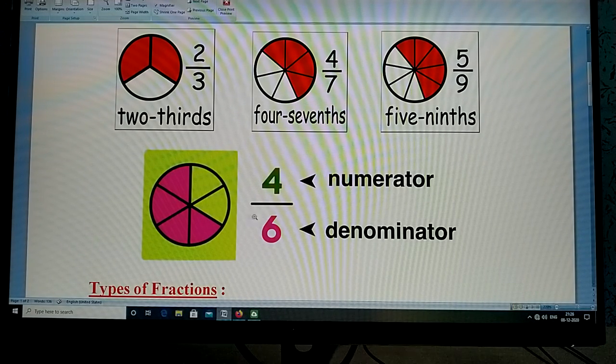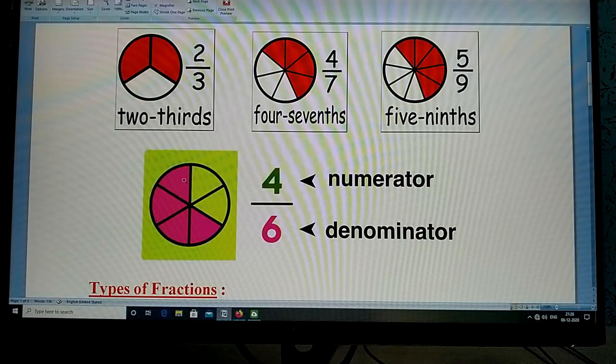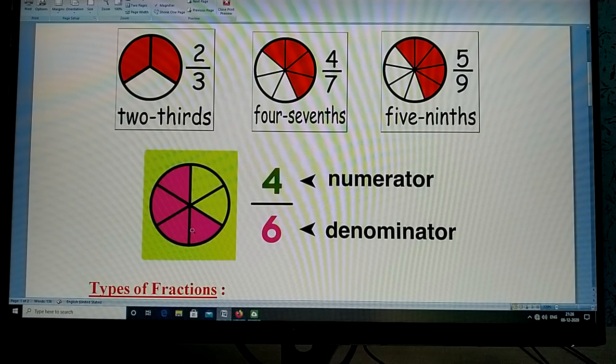Say it's 6, so this whole thing is divided into 6 equal parts. And the numerator represents the number of parts that are taken, that is 4. So out of those 6 parts, 4 parts are taken. Clear?